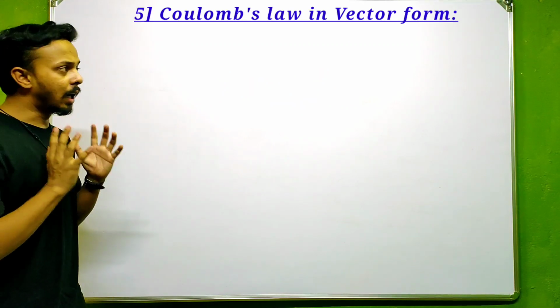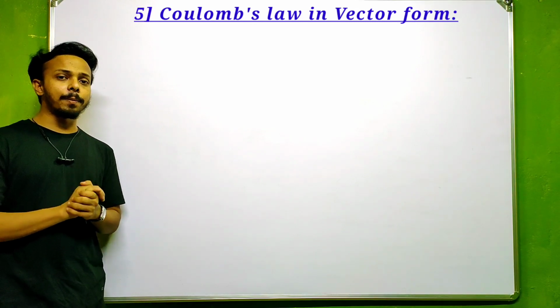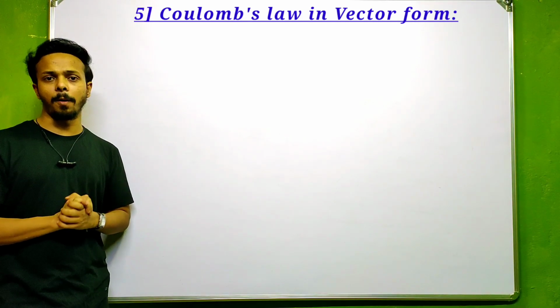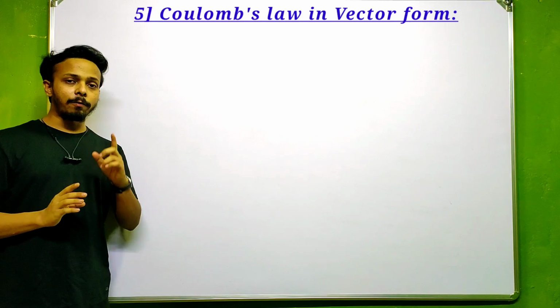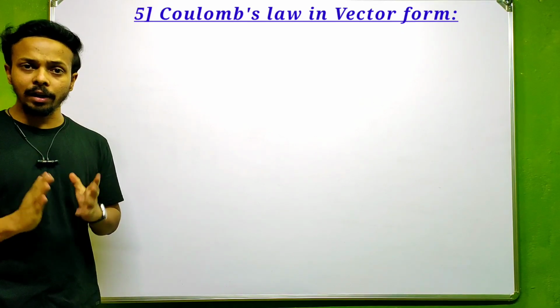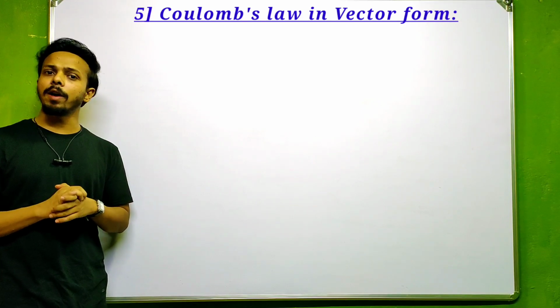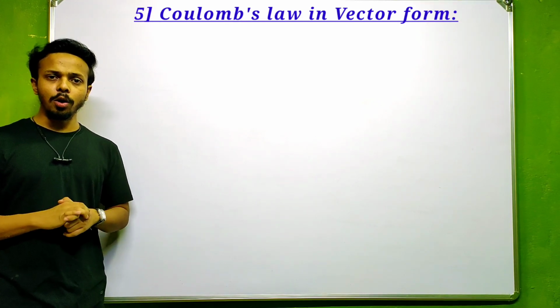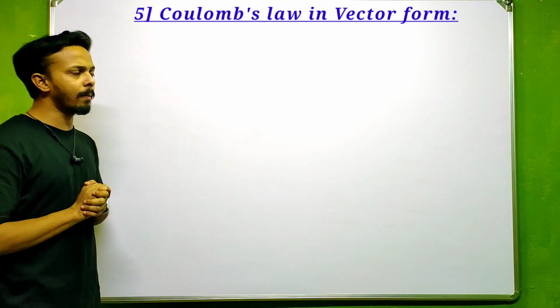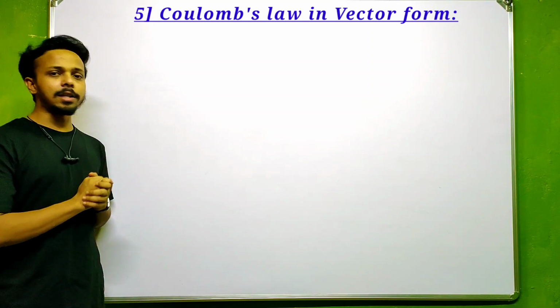Okay. Now guys, let us understand how we can represent Coulomb's law in vector form. As we can see, the force between the 2 point charges is a vector quantity. Therefore we should represent Coulomb's law in vector form. To do that, let us understand this situation.